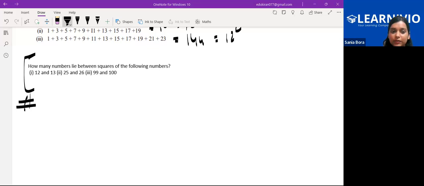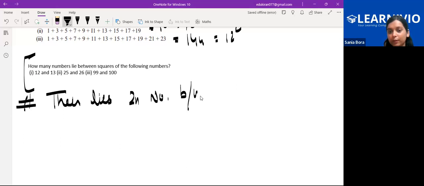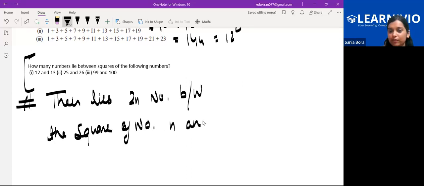Whenever there are numbers between squares, there lies 2n numbers between the square of number n and n plus 1.